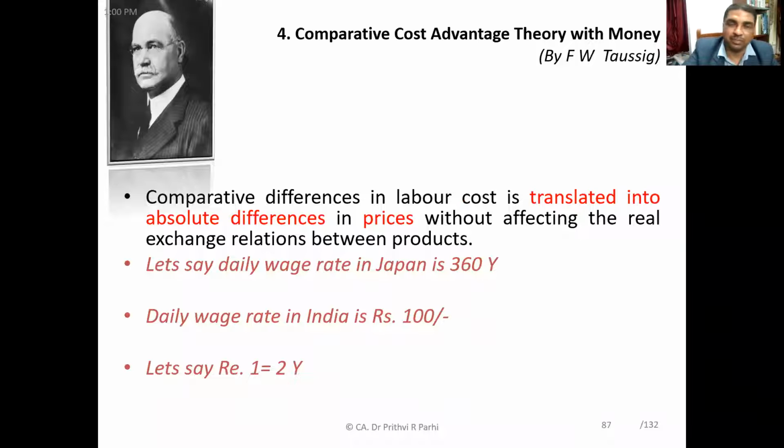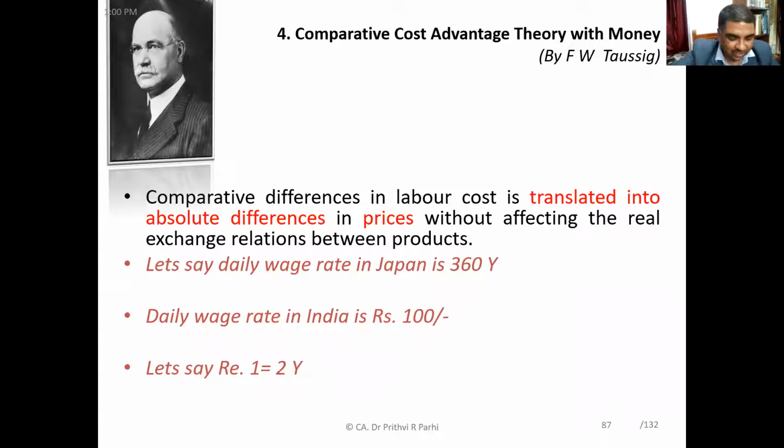But in that theory, only one factor of production was taken, that was labor. What will be the exact cost? That means this labor factor was not translated into money. So the next theory, which was developed by F.W. Taussig, is referred to as the comparative cost advantage theory with money.